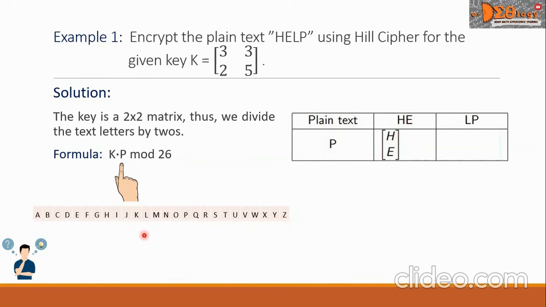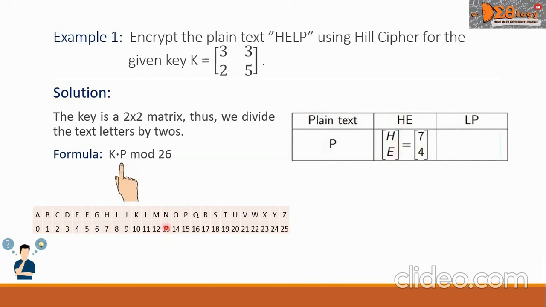Then we will assign values for them. Take note that the first letter A has the value 0, followed by 1 for B, 2 for C, and so on. The last number must be 25 for the Z.